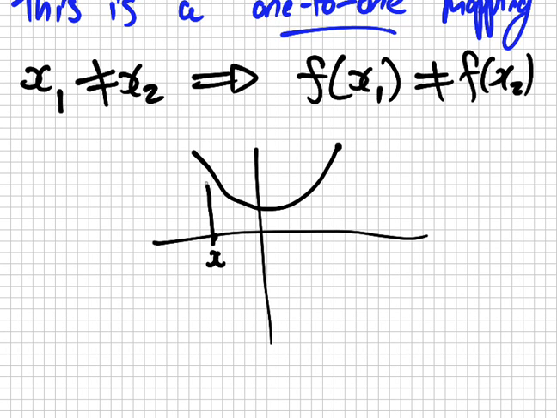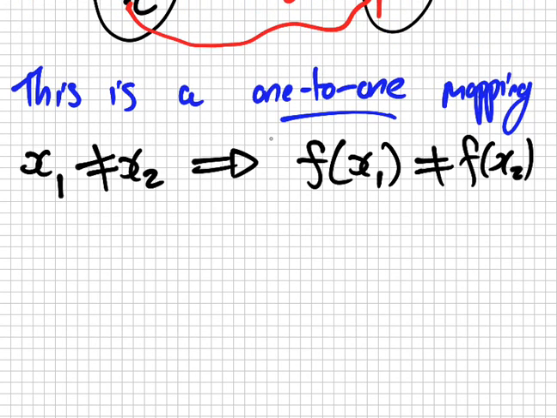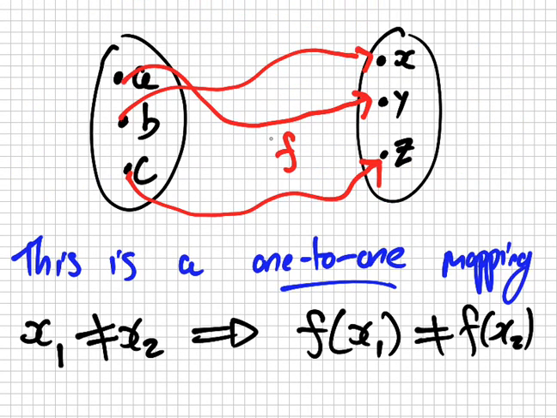Because here's x and here's the value for y, and then here's a different x, but the same value of y. Do you get the idea? Anyways, I don't want to go too much on a separate point here, but the key idea is 1-to-1 means for every different value that goes in, you get a different value that comes out.